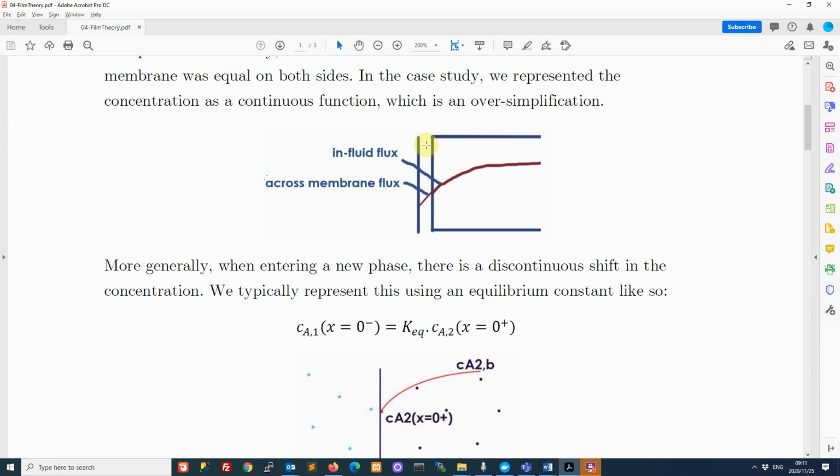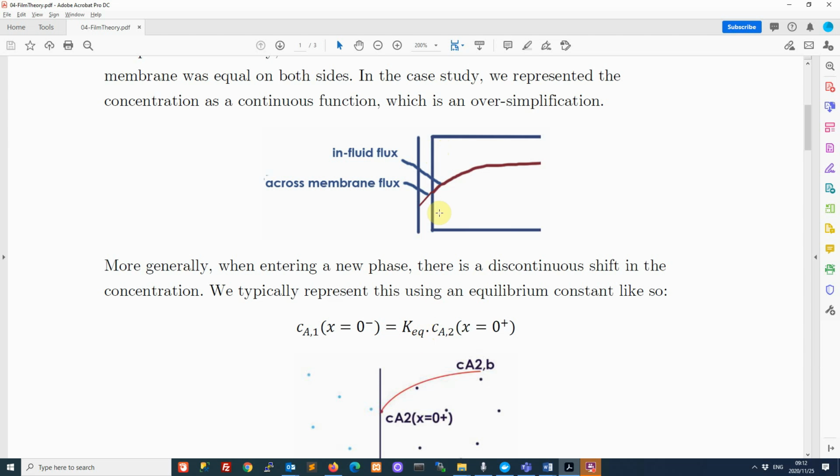So it might be that due to electrostatic repulsion between the molecules here and the pore medium here, there is some additional resistance or even additional promotion of transfer. And so we have to respect that the equilibrium between this phase and this phase is not a trivial thing, that we need to know the correct equilibrium constant there.